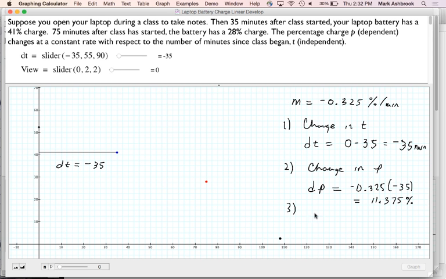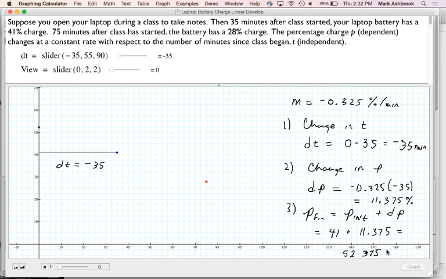So then P final equals P initial plus the change. P initial was 41. Change in P equals 52.375%.